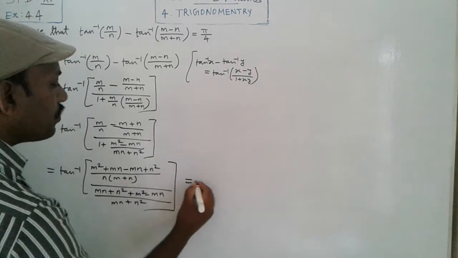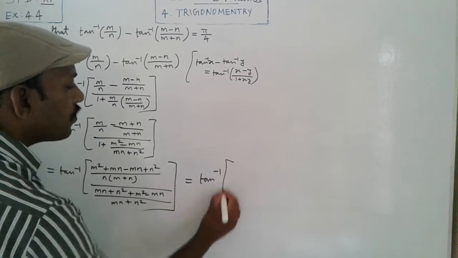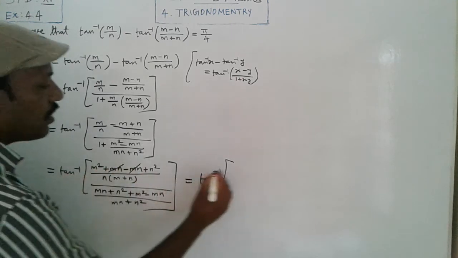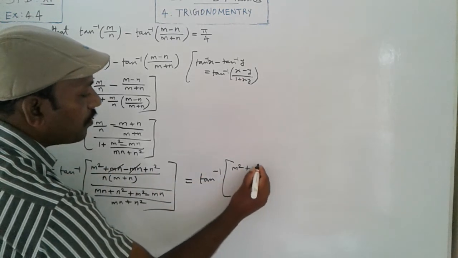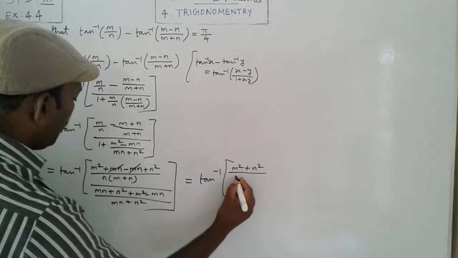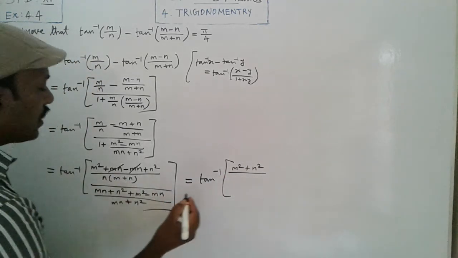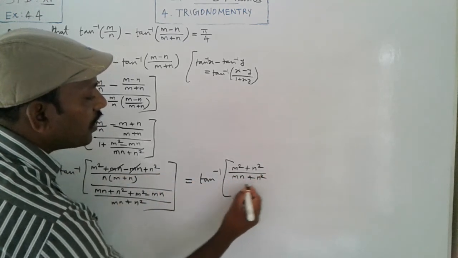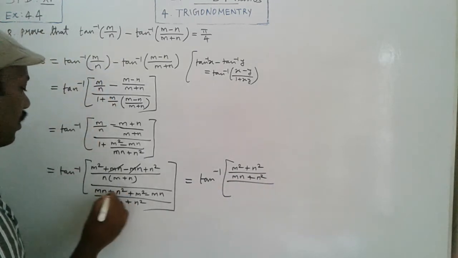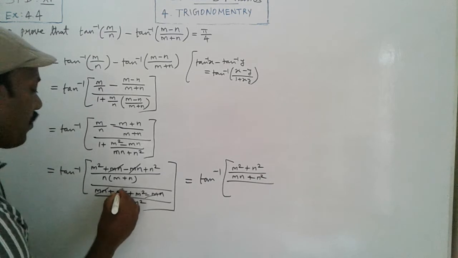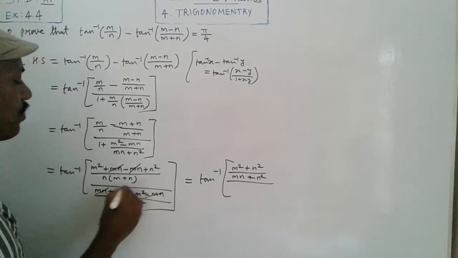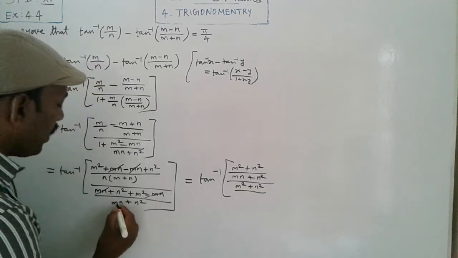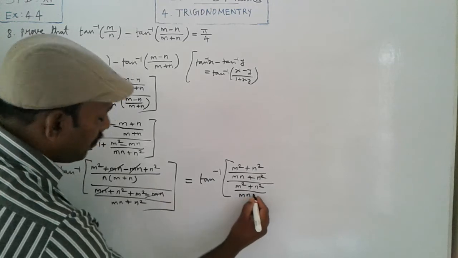So that is equal to tan inverse of m square, mn minus mn cancel, m square plus n square divided by, we should multiply inside, mn plus n square, mn minus mn cancel. Write in order: m square plus n square divided by mn plus n square.